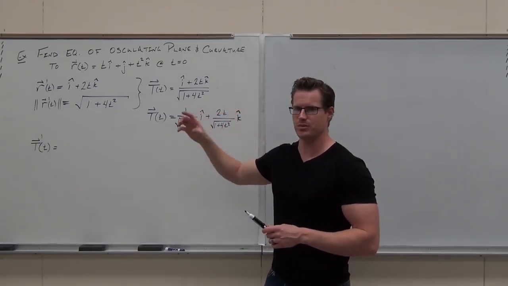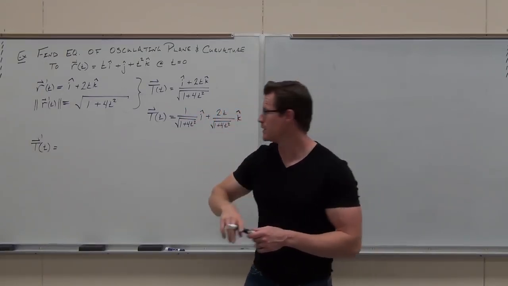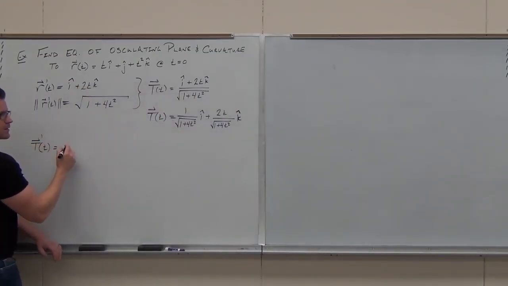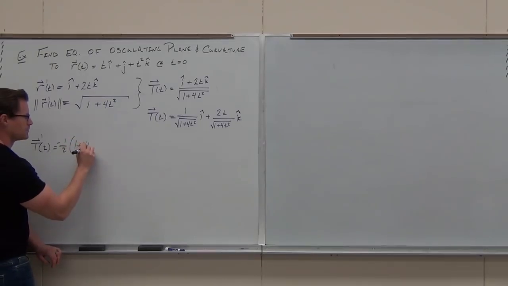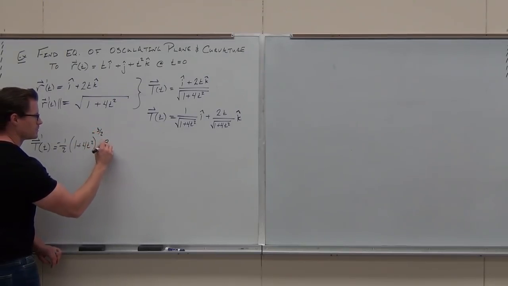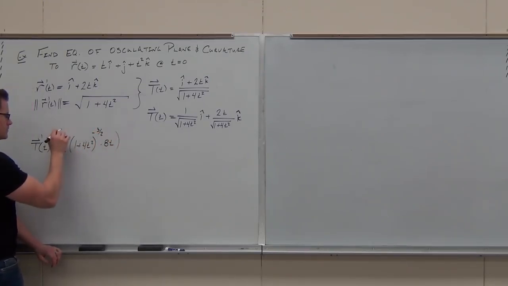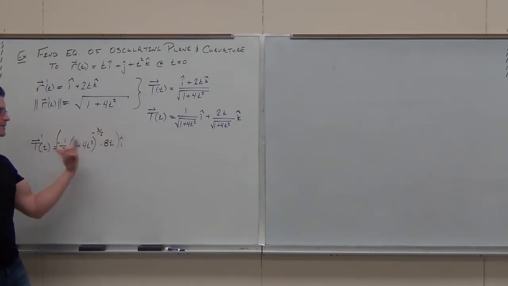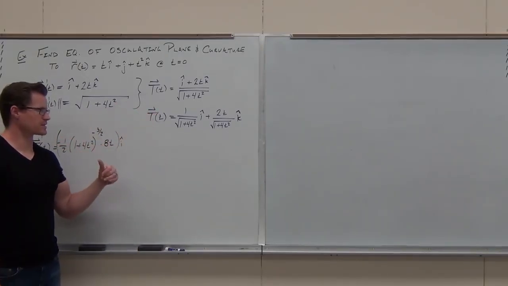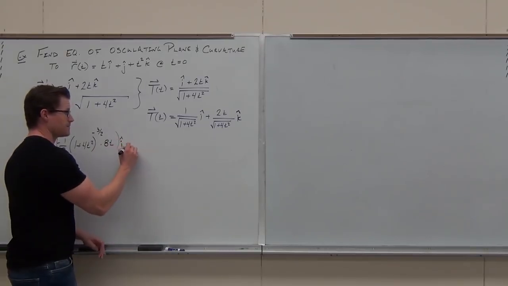I'm going to use the product rule. So I'm going to bring that up and think about it as negative 1/2. So the derivative here is negative 1/2, inside stuff to the negative 3/2, derivative of the inside stuff is 8t, and then i plus.